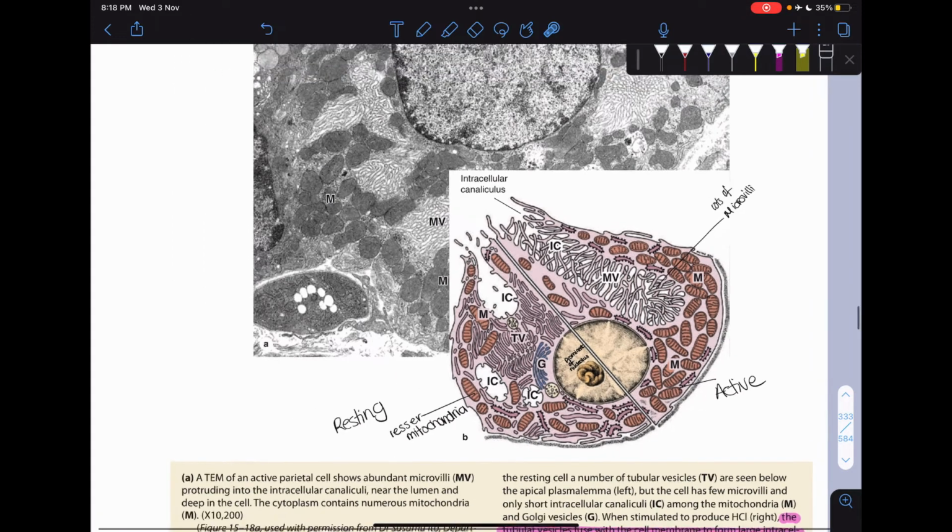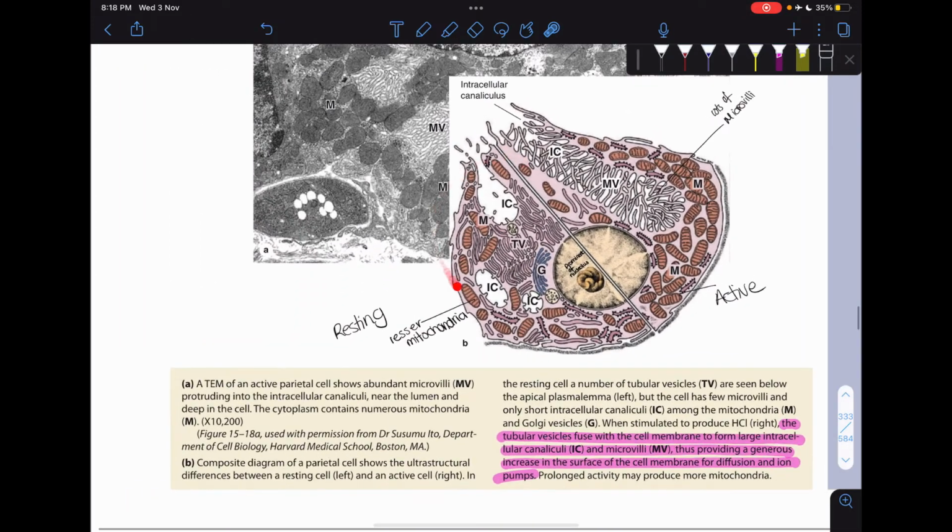You can see the resting part of the cell and the active part of the cell. So once the cell is active, هيك بتكون ال components تبعها, and once it's inactive or resting, هيك بيكون ال components تبعها. So as you can see, the resting or the inactive parietal cell في عندها lesser mitochondria, and the active has more mitochondria.